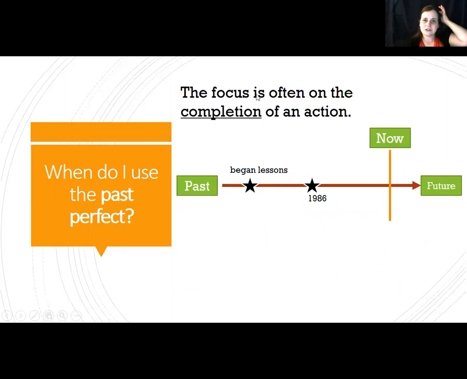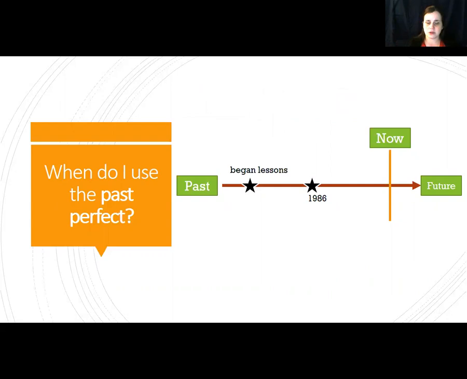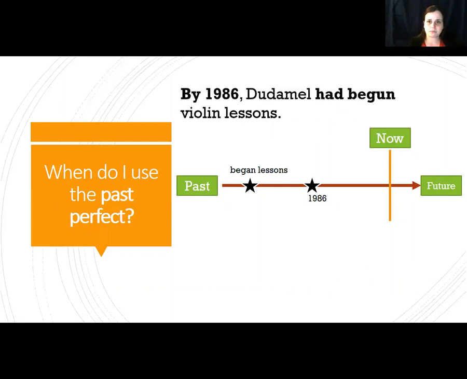All right, so we will come back to this in a minute, okay, that the focus is often on the completion of an action. Okay, this isn't always the case with past perfect, but I will show you an example, and this is very clearly the case. So like I said, we'll come back to that. All right, so here's an example of a past perfect sentence.